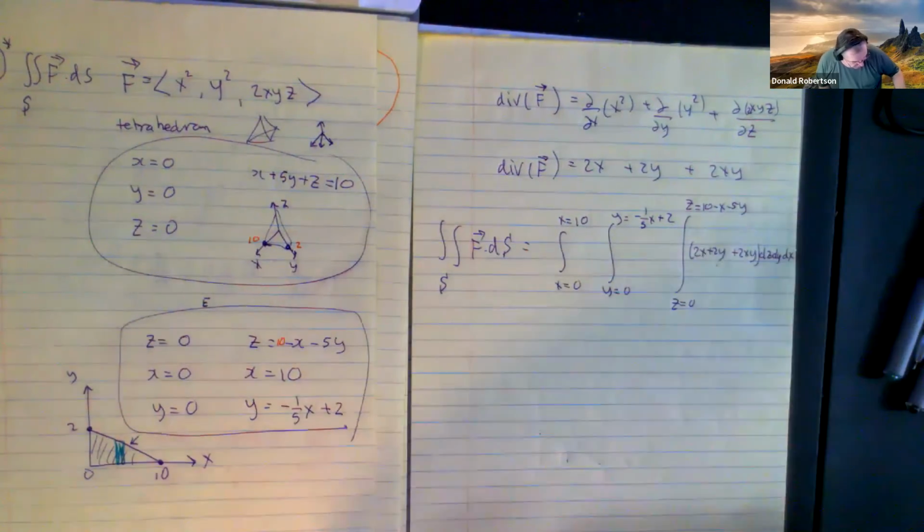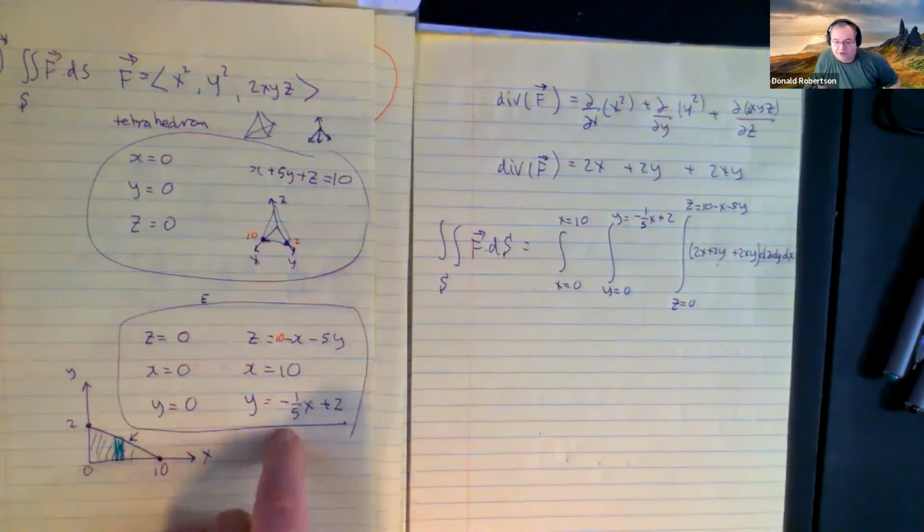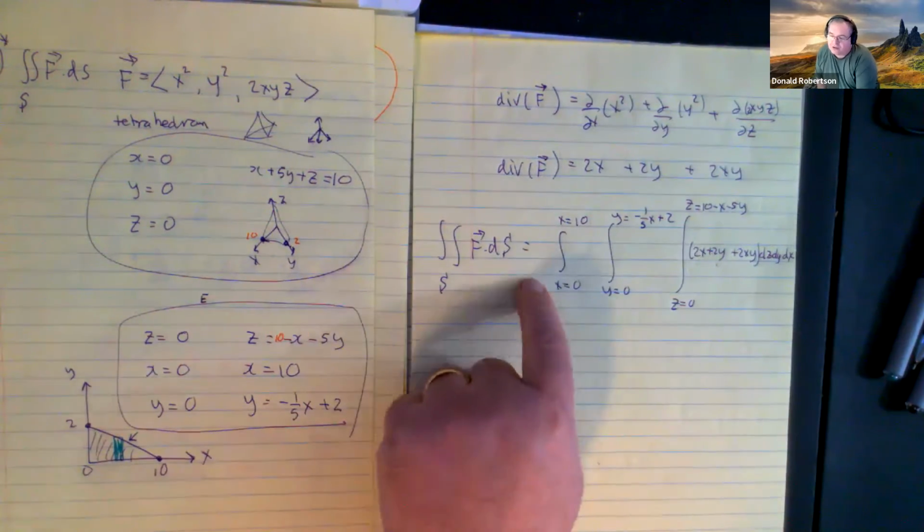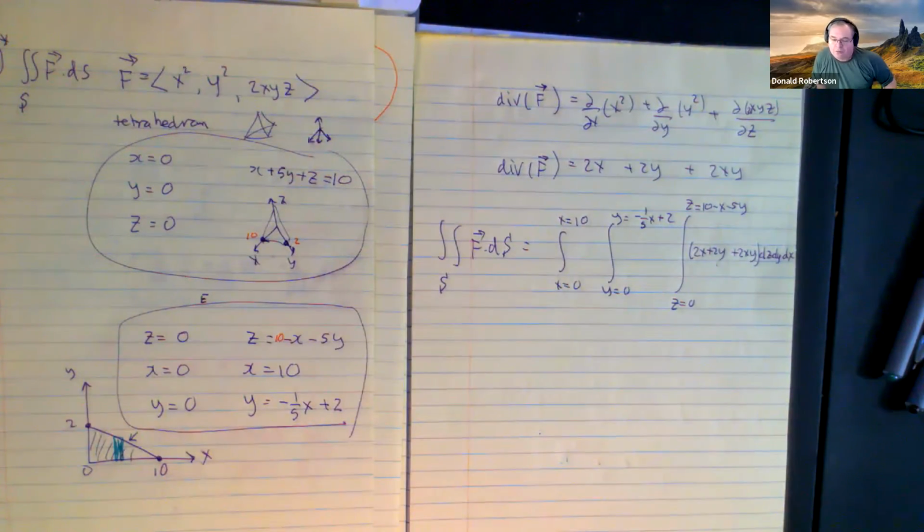Now, I had 3 limits of integration here, yet this is the only order that makes sense. How do I know that? How do I know which order to put them in? How do you?